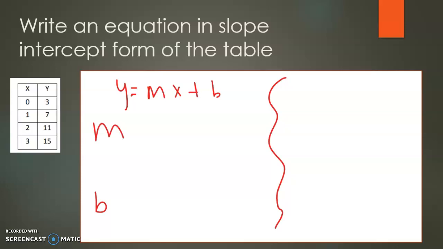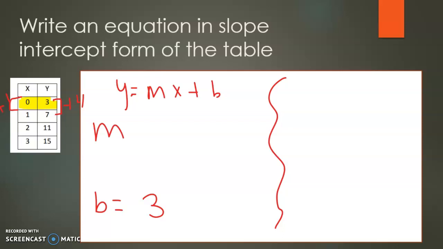I'm going to have to find the m, and I'm going to have to find the b. I'm going to look at my table. My b is always a point that has a 0, a number, and it's right here. So my y-intercept is 3. My slope, from here to here is plus 4, and from here to here is plus 1.